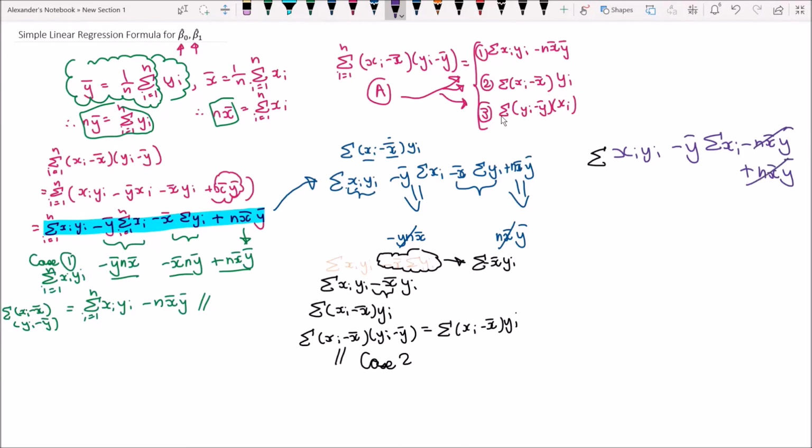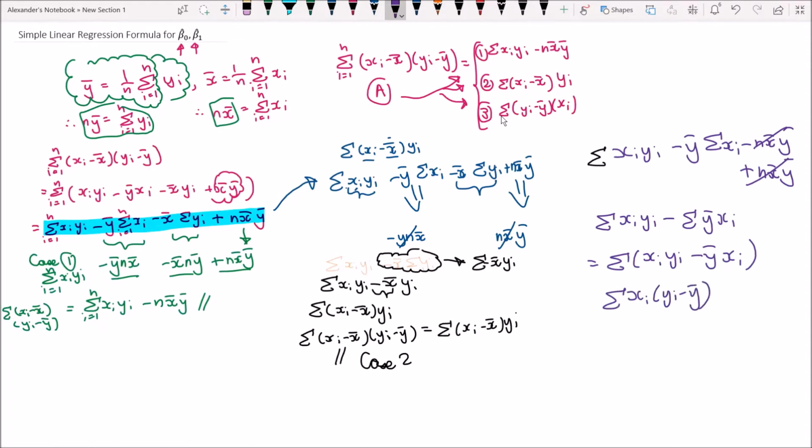These terms cancel out. So we're left with the summation of xi yi, negative the summation of y bar xi, which can be written as a single summation operator of xi yi, negative y bar xi. Factor out the xi's, so we get the summation of xi times yi minus y bar.